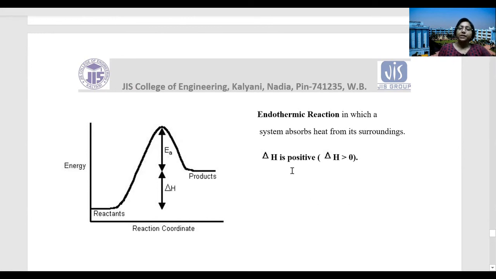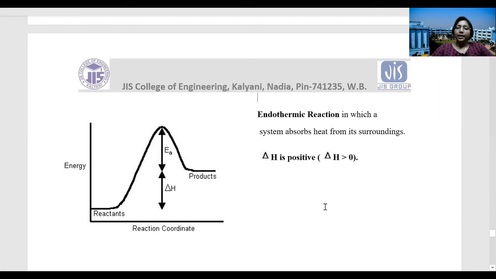Okay, if del H is positive, it means the product energy level is higher than the reactant energy level. In this case, del H will be positive, and that is the endothermic reaction. That means it will absorb the heat energy.